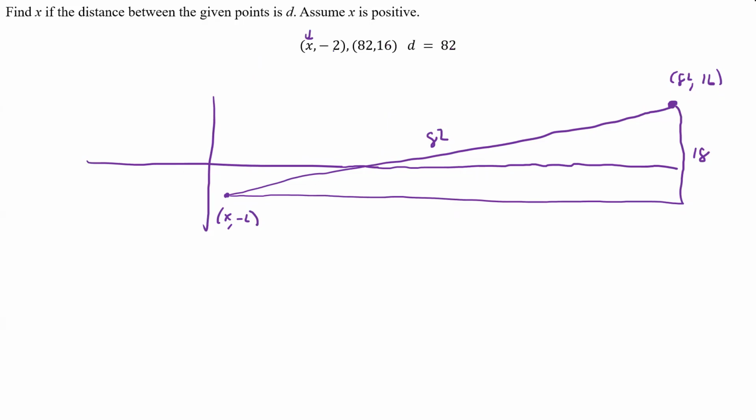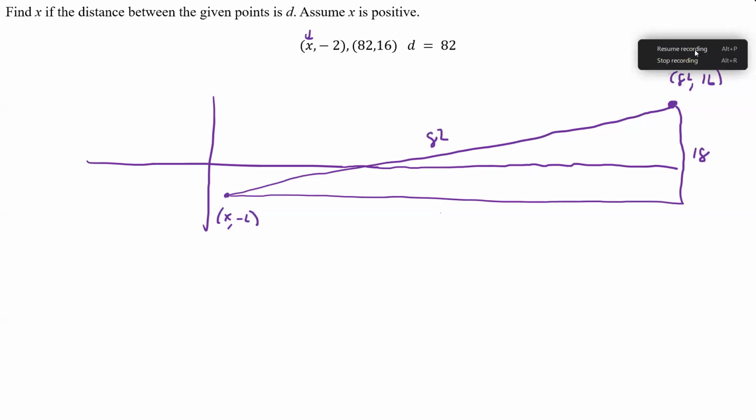And so now we need to figure out how far this one's going to be. So we need to figure out basically this distance, and we'll just call that 82 minus x. Okay.